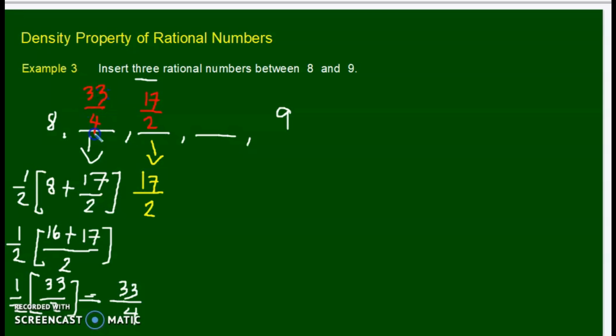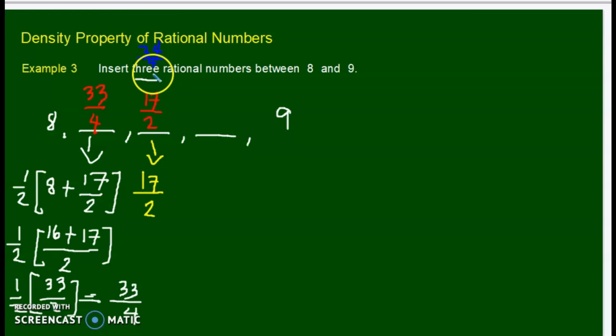Ngayon, hindi na natin kailangan isolve pa to using the same process kasi math is about discovering patterns din, di ba? So, tingnan natin to, inspect natin. 33 over 4. If this is in order, ibig sabihin consecutive sila. So, dapat may pattern. So, kung 33 yan, the next in line would be 34. So, sulatan natin sa taas. 34 over 4.